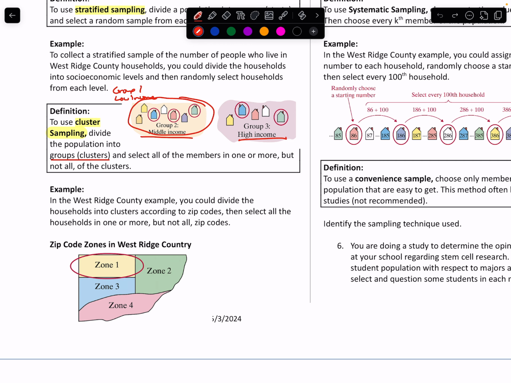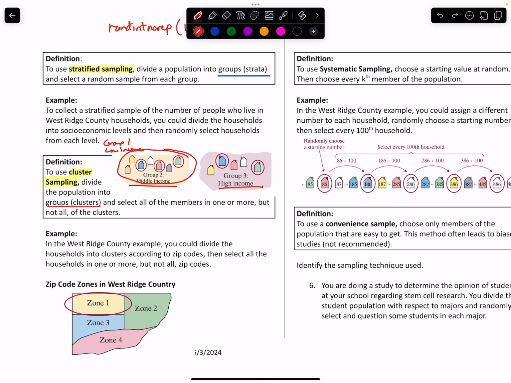Okay, so that's a cluster. Stratified is where we separate them into groups and then pull random individuals from each group. Clusters are where we separate them into groups and then use one or a couple of whole groups.